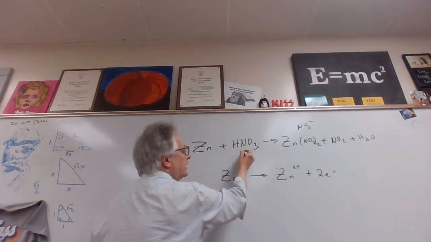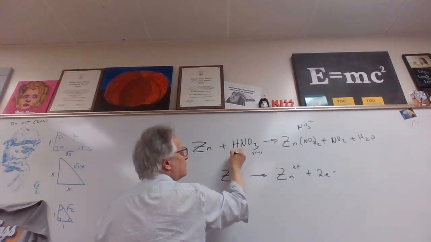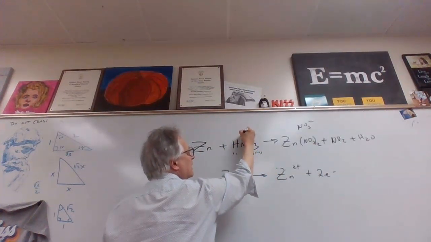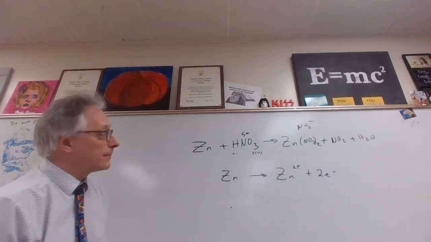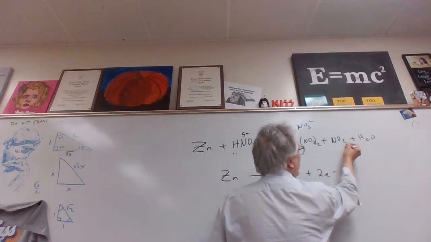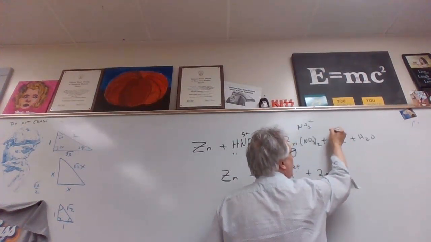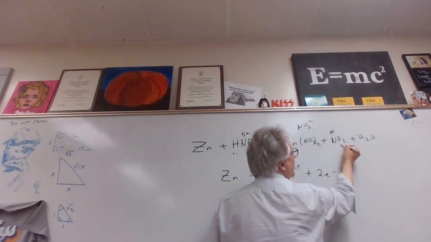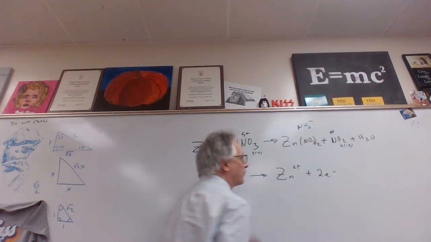Well, obviously in the nitrate here, this is going to be 3 times -2 plus 1, so this has to be a 5 for that nitrogen. And over here, this nitrogen is going to be 4, because I have 2 times -2, that's -4, so then my nitrogen is going to be a +4.